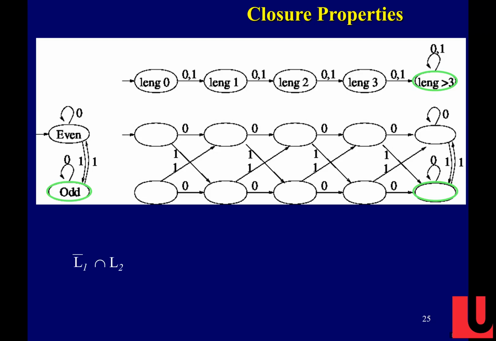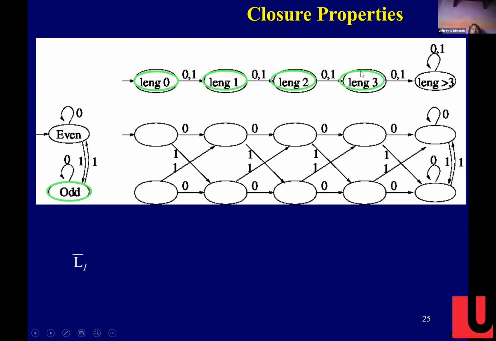Wait, sorry, could you repeat that again? Here, suppose I want to compute the language that is the complement of L1 and L2, right? Well, what was L1? L1 was that it's short.